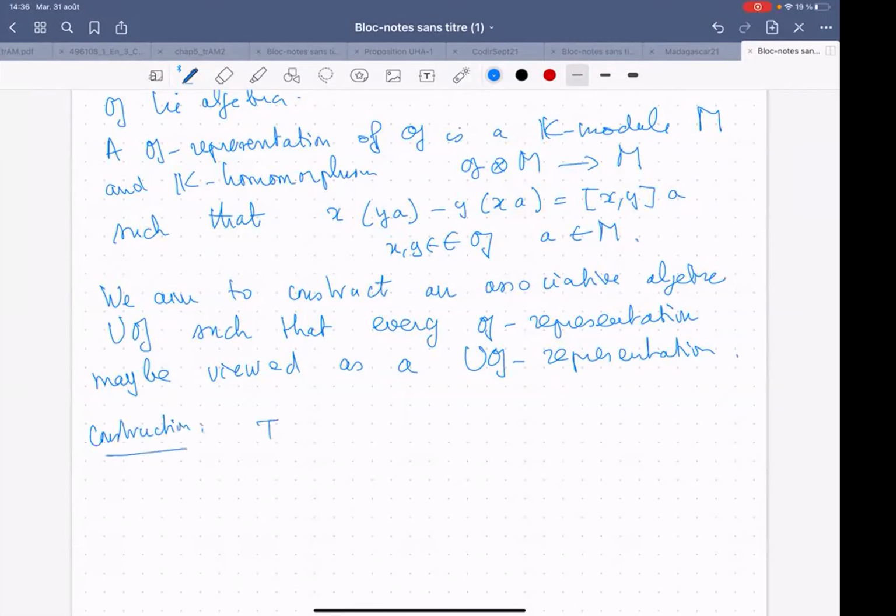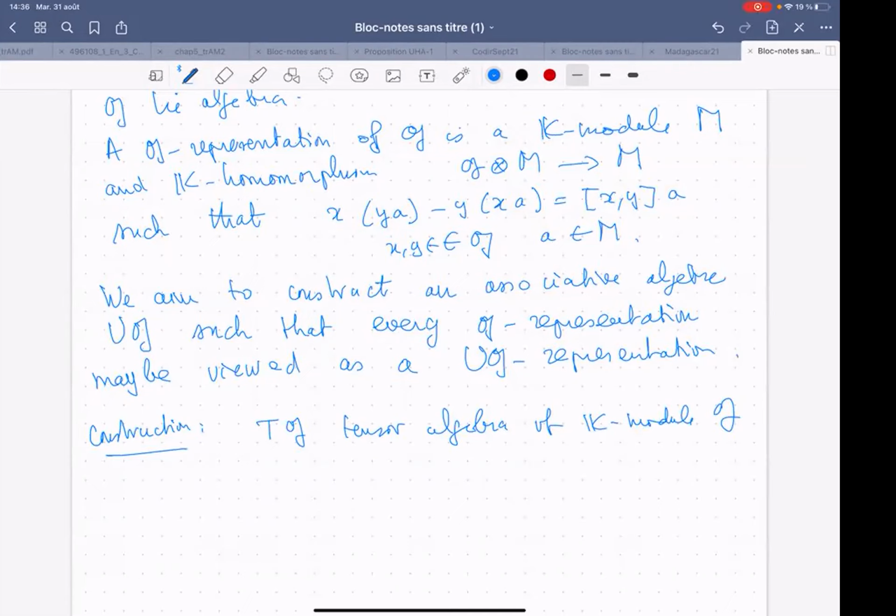Then we let T(g) be the tensor algebra of the vector space g, or K-module g, if we are dealing with a commutative ring K. But of course, if K is a field, then g is just viewed as a vector space.